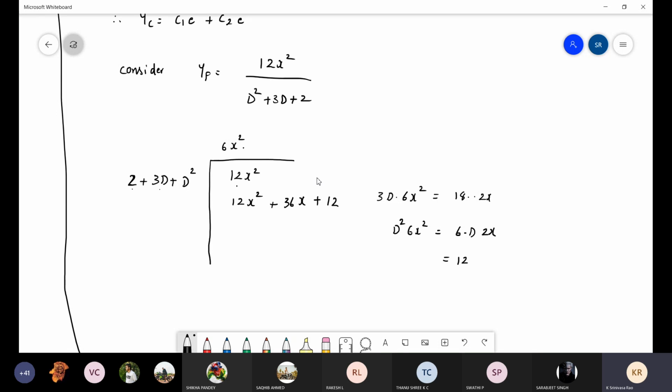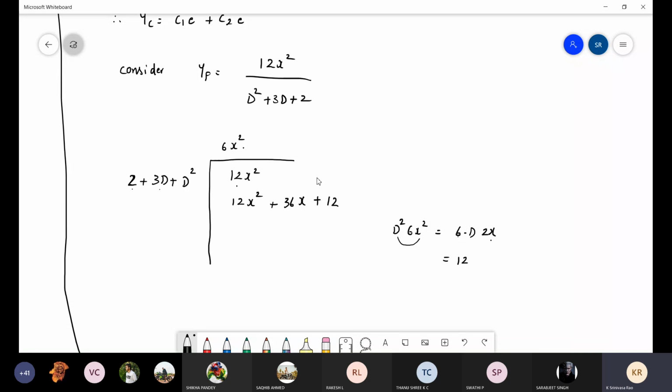So plus 12. Like this, you write 6 as it is, differentiate x square one time to get 2x, and another time differentiation of 2x is 2, 6 2s are 12. Like this you have to work out, either calculate in your mind or write somewhere.